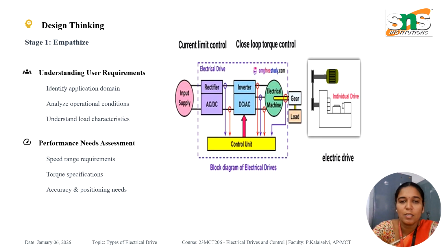Load characteristics, because load decides motor capacity and torque requirement. Then we assess performance needs such as required speed range, torque requirement, accuracy and positioning needs. Empathize helps us understand what the user actually expects from the drive system.